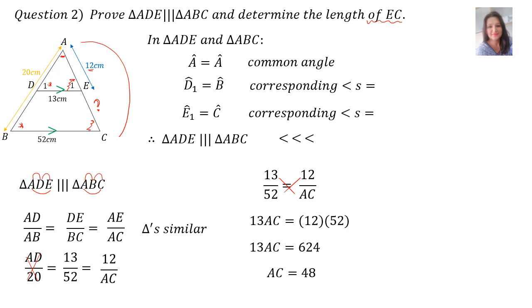But that's not what they wanted. They wanted EC. So AC is the big side there. To get EC, we will rather say EC is equal to AC minus AE. AC we calculated was 48 minus AE was given that it's 12. Therefore, EC's length is 36.